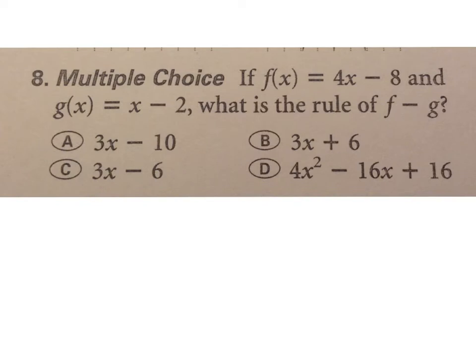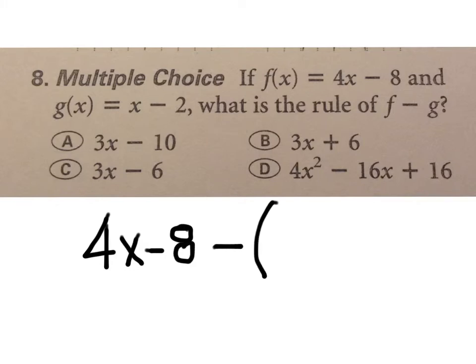If f of x equals 4x minus 8 and g of x equals x minus 2, what is the rule of f minus g? That's just another way of saying what is the result of f minus g. So f minus g is going to be 4x minus 8, but you're subtracting g. It's a quantity.